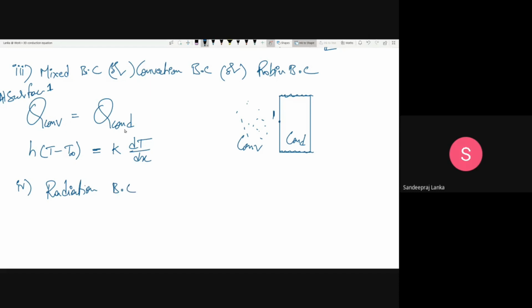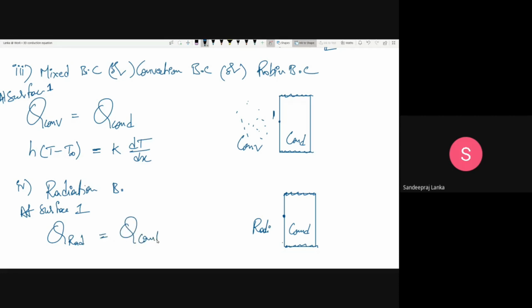It is similar to the convection boundary condition. You will have the same thing here. This is a very long wall, and here radiation is happening on this side. Here conduction is happening. Now, if you take this surface 1, at surface 1, Q radiation is equal to Q conduction.